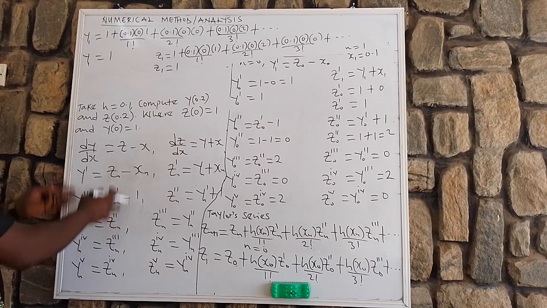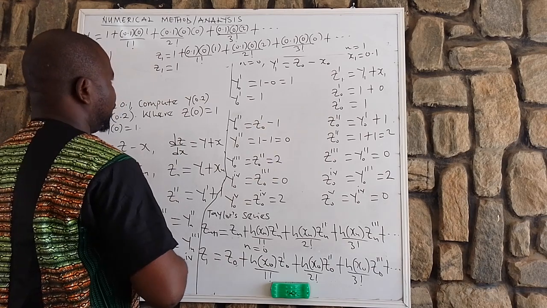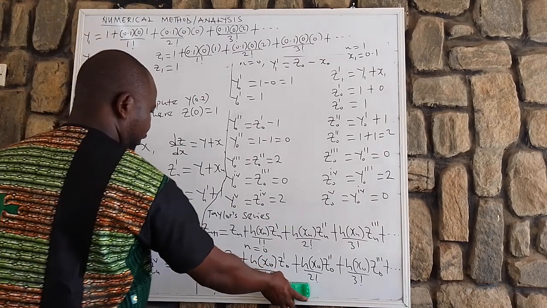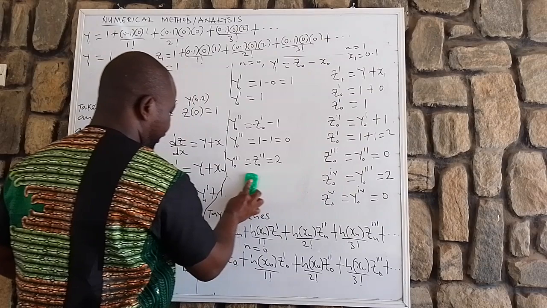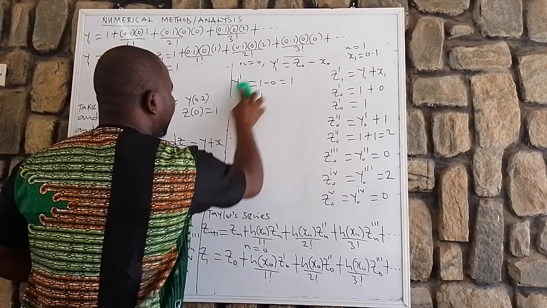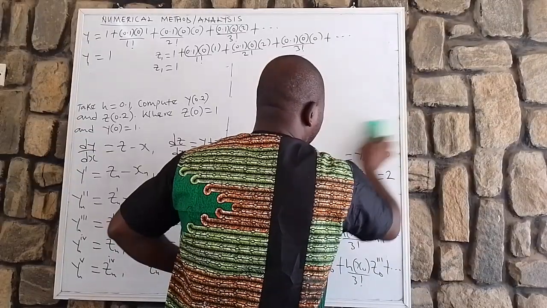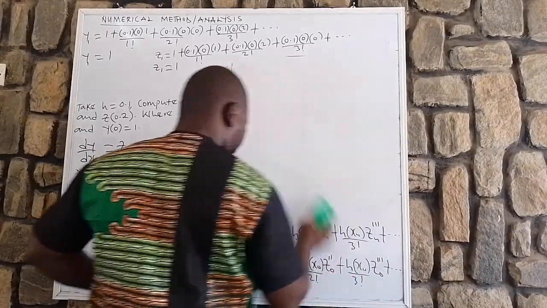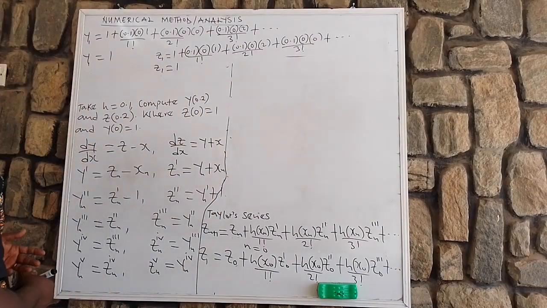We can make use of this part now to obtain everything, since we are talking about when n is equal to 1, no more x n equals 0. So let's consider it here.